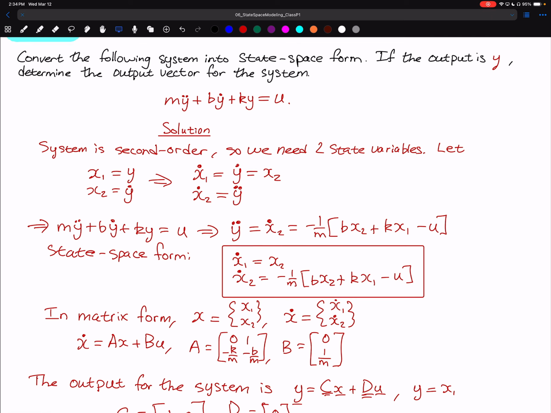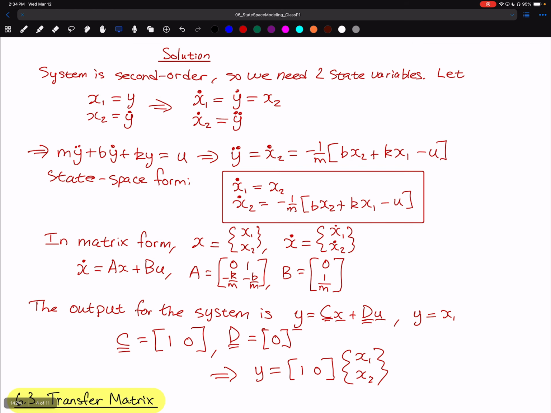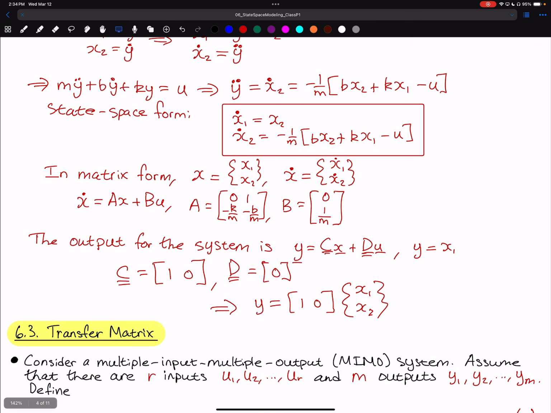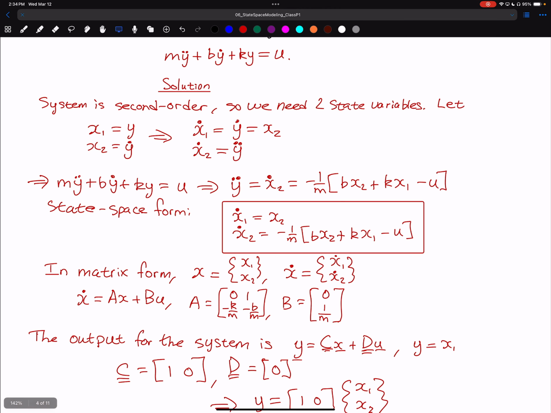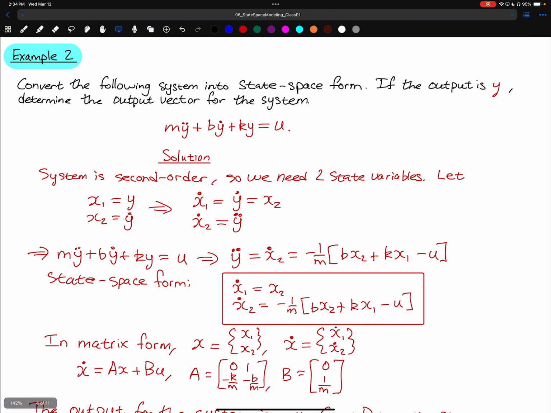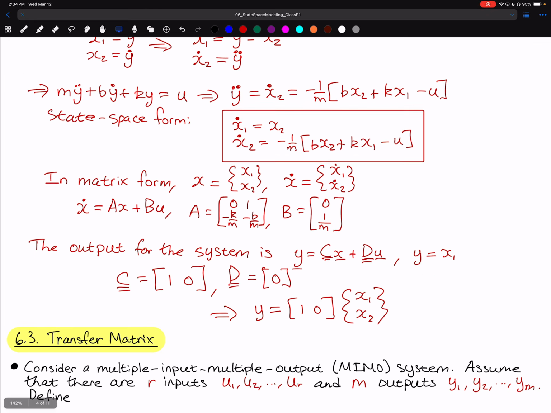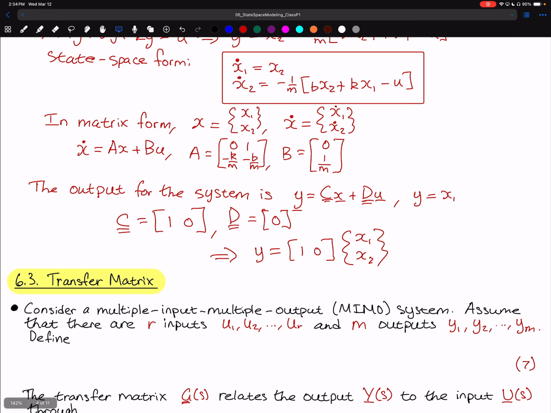So in this case, we end up with, first of all, there's no u in our output. Now, if I said the output was y plus u, then you would need to include that in there. You would need to define a D there. So in this case, the equation is the C matrix multiplied by the state vector, which is x1, x2, and then the direct transmission matrix D multiplied by the vector of whatever the inputs are.